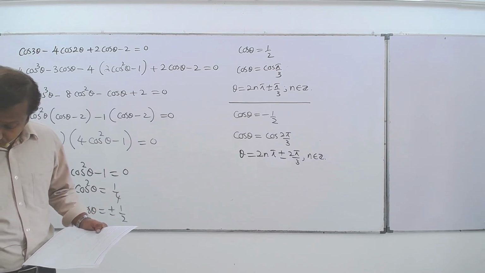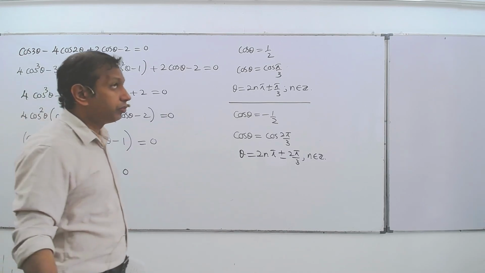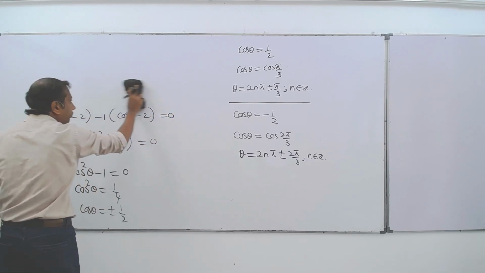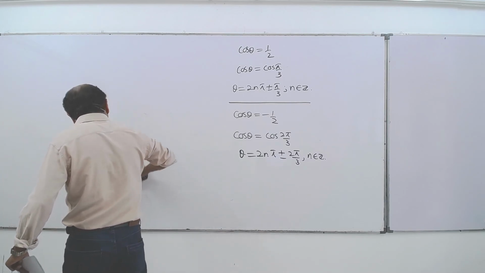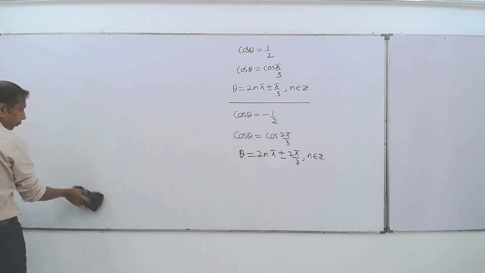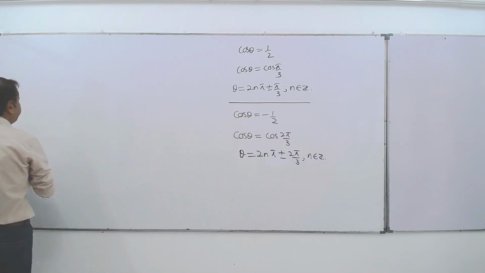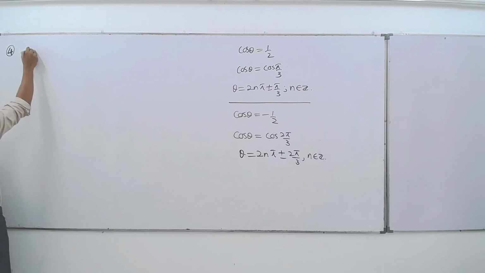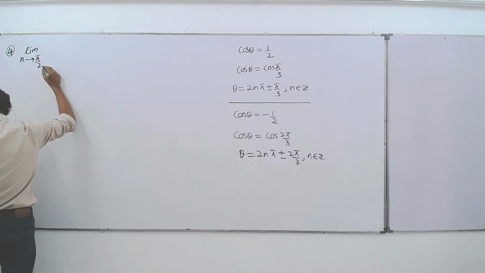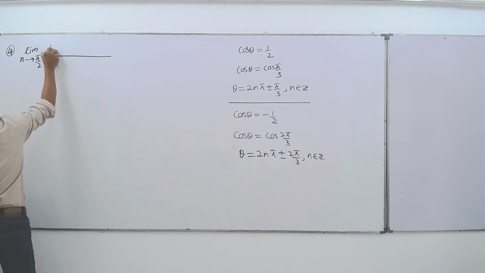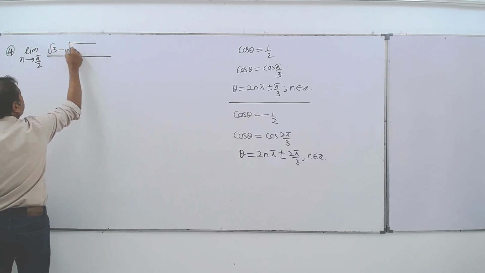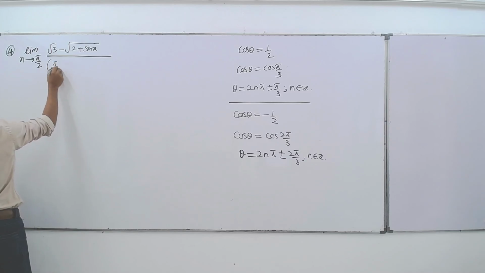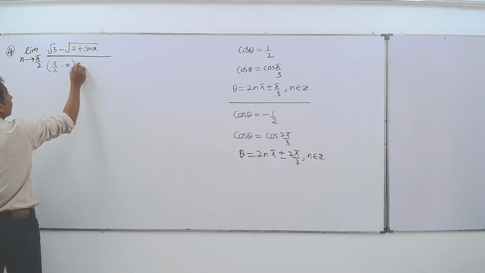Question number 4. Limit question. Yes, given that limit x going to pi by 2 of root 3 minus root 2 plus sin x, over pi by 2 minus x into cos x.